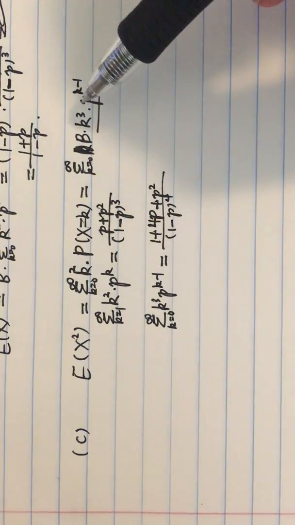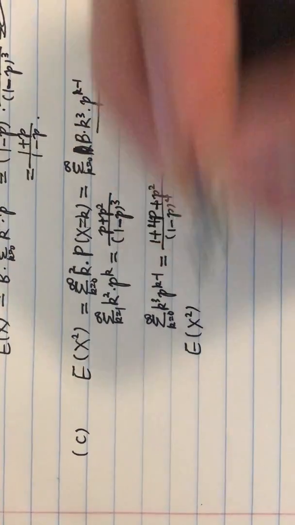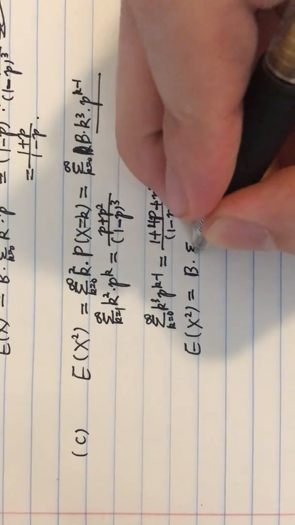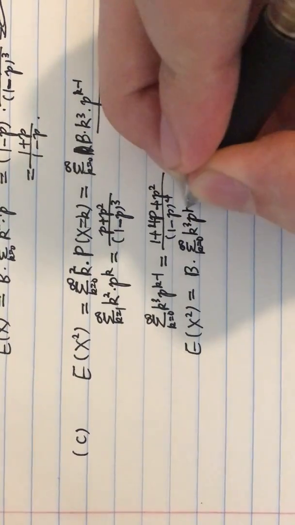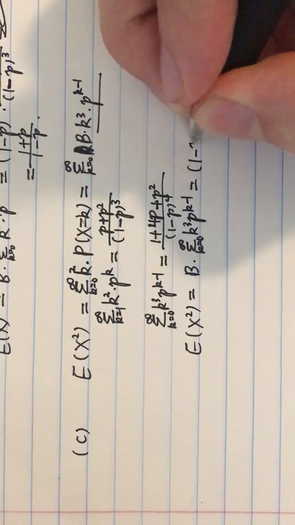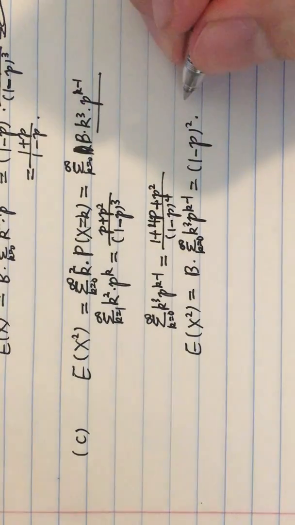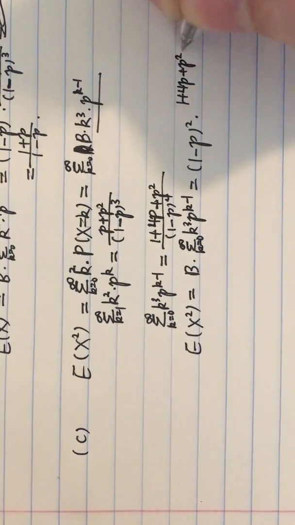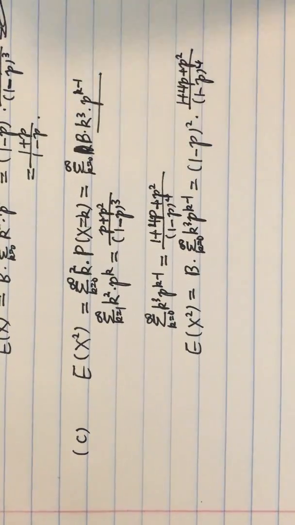Then we replace this with this, we get that this equals 1 minus p to the power 2 times 1 plus 4 times p plus p to the power 2 over 1 minus p to the power of 4.